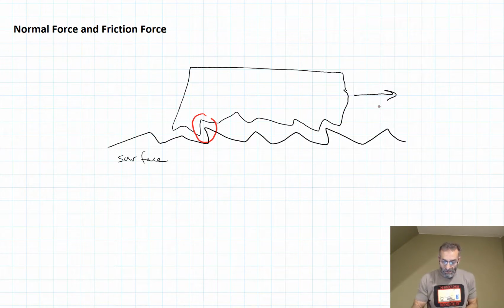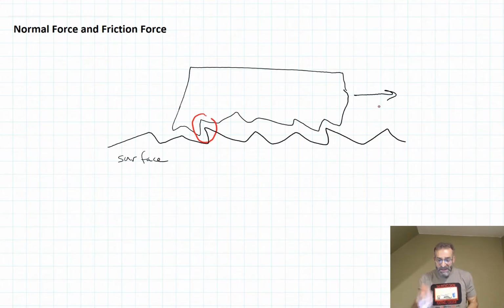So if we try to pull this block to the right and it catches on some surface roughness and we get a surface to surface contact, we'll get a normal force there between those. And a normal force can react.